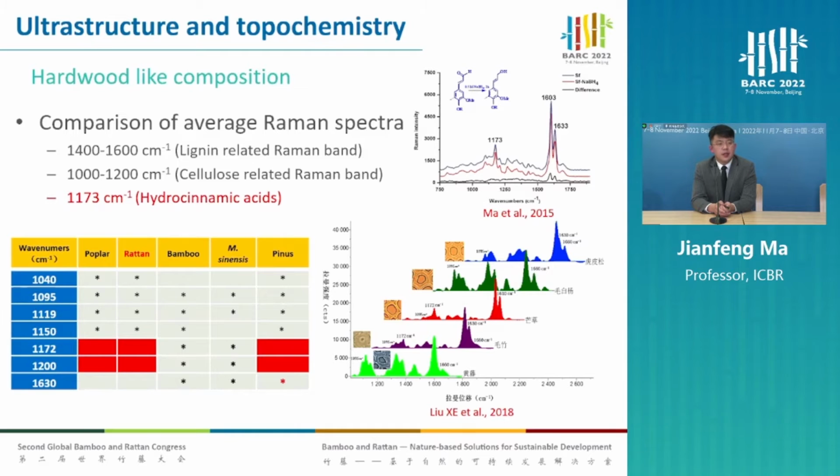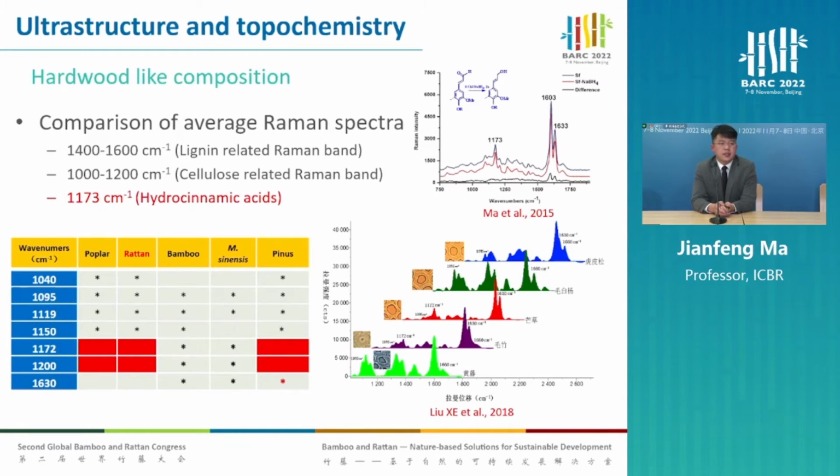It's the cellulose-related Raman band. Interestingly, previously we believed that the rattan has a herbaceous species-like anatomy, so maybe its chemical composition is more like the grasses.